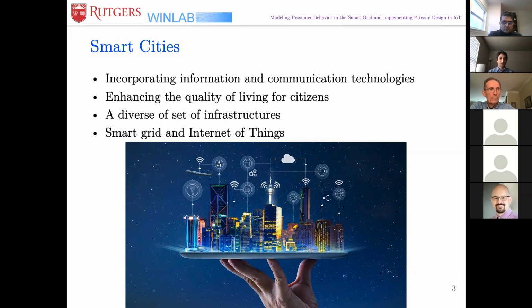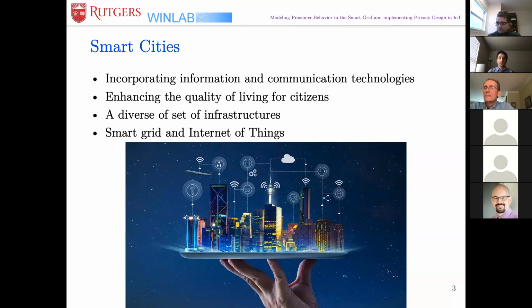These infrastructures range from communication to transportation to utilities such as power. The interaction of these ecosystems of machines and people is facilitated by the presence of a large collection of devices that form the Internet of Things, or IoT.